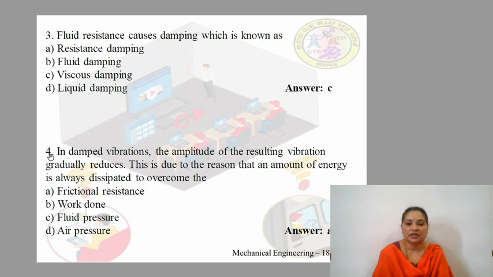We know that in damped vibrations, the amplitude of the resulting vibration decreases gradually with respect to time, because the function of the damper is to act as a resistance to the motion. So therefore, of the options given, frictional resistance, it is due to the reason that the energy is dissipated to overcome the frictional resistance. So option A is the right answer.